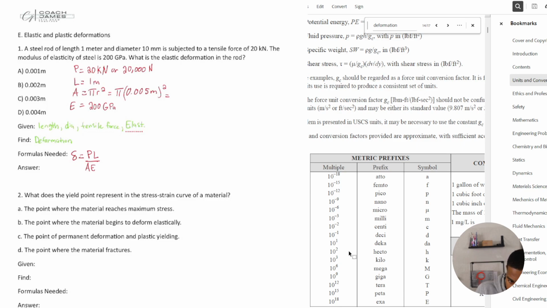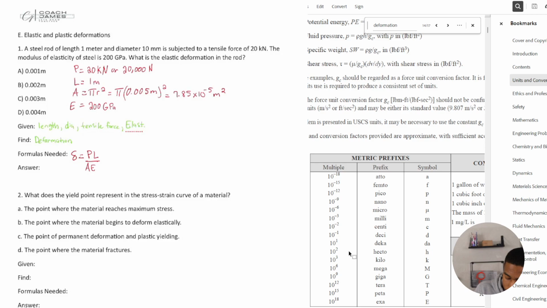If we finish solving that, that's going to give us 7.85 times 10 to the negative 5 meters squared. All right. For E, 200 gigapascals.